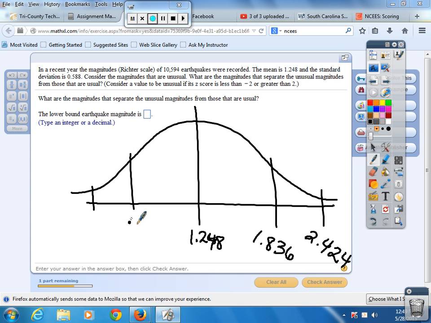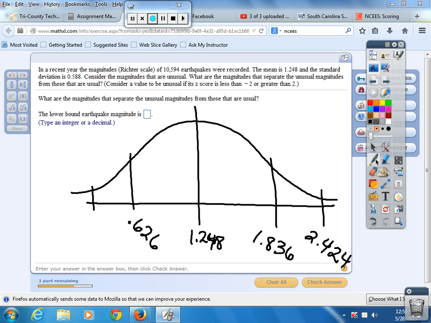Now take 1.248 and subtract 0.588. Point what? 0.66.